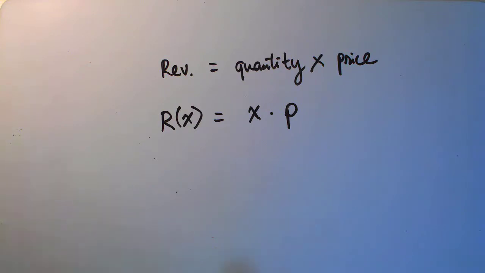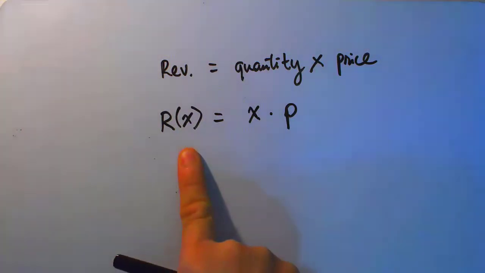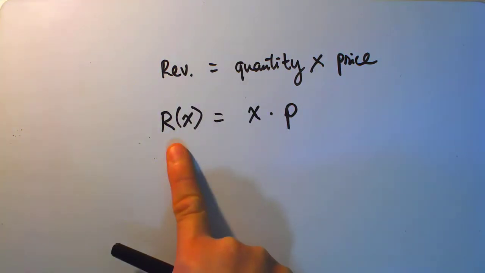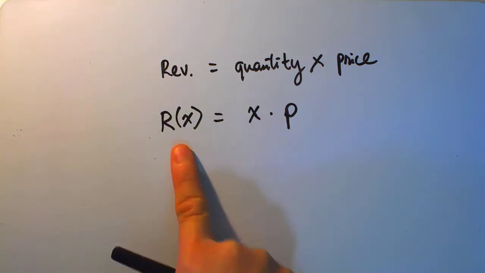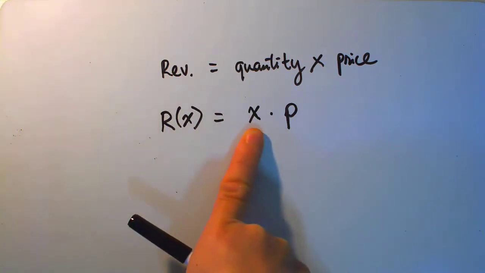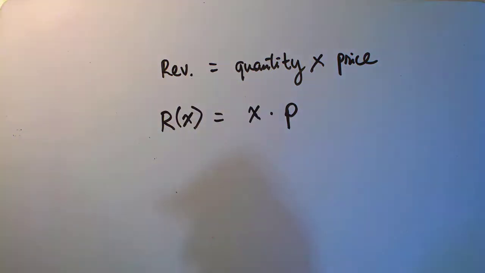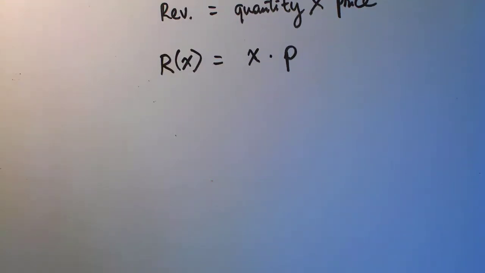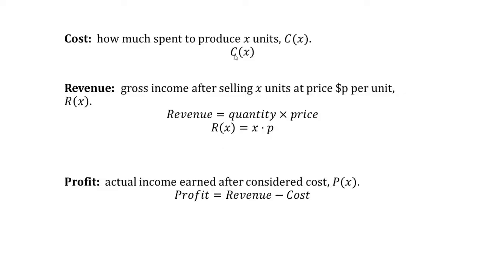But keep in mind, and anyone doing business is well aware, that revenue is not truly your profit, not what you actually earn to support your life, because revenue only indicates the total you make after selling that many units away. Profit is the actual income earned after considering cost. So in practice, it makes sense that profit comes after we subtract.